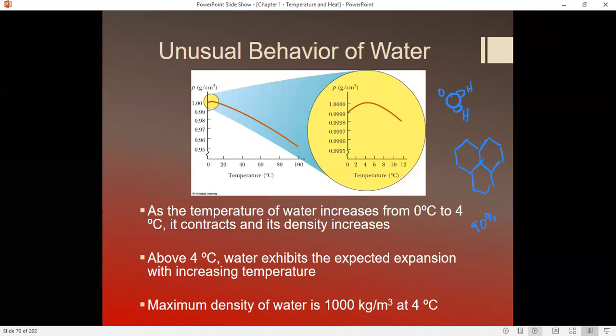Here, you take a look at 4 degrees, our density is 1 gram per cubic centimeter, and at 0 degrees, it's 0.9999, okay? Not the 0.90 that we know ice is when it freezes. So the effect isn't huge, okay? It's like, I don't know, 1,000 times weaker than the expansion that happens when it freezes, but it is measurable.